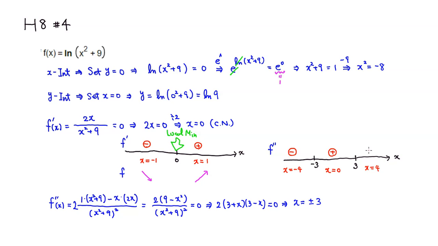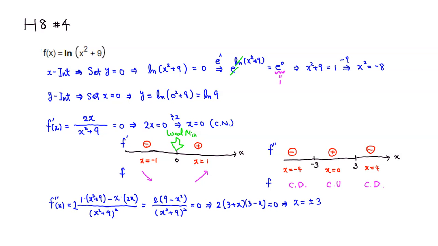Anything between -3 and +3, like 0, the second derivative is going to be positive. And if you try x equals 4, 9 minus 16 is negative. The denominator is positive, so it's going to be negative, which means the original function starts out concave downward, then concave upward between -3 and 3, and then concave downward.